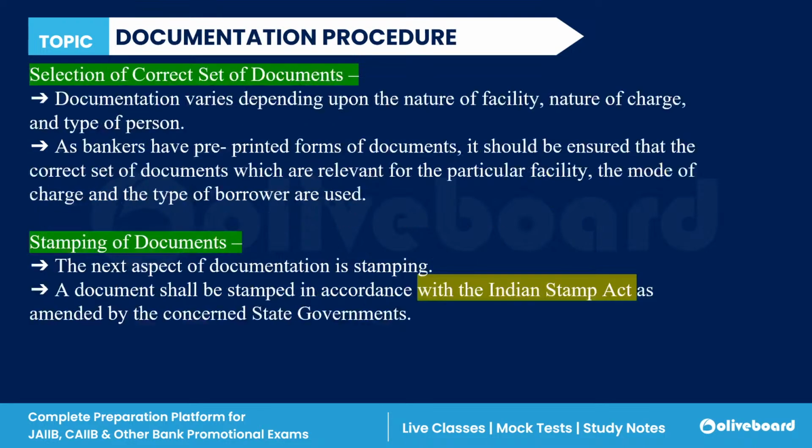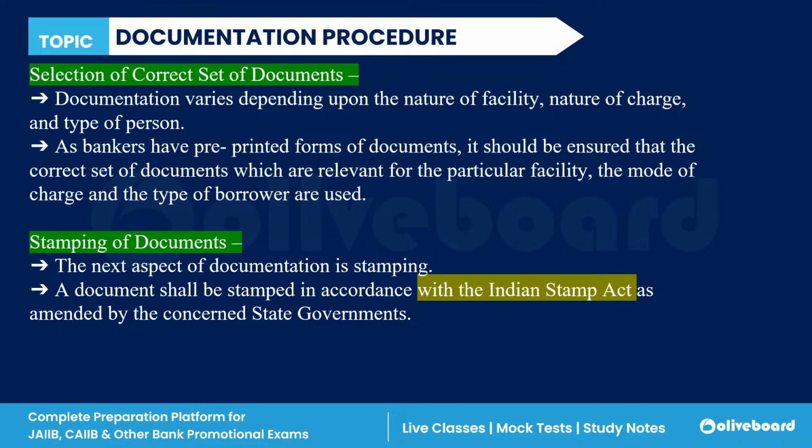Clear? Next, the documentation procedure. First of all, the selection of the correct set of documents. As a banker, you need to select the correct set of documentation. Documents differ from financial service to financial service, as well as from customer to customer.